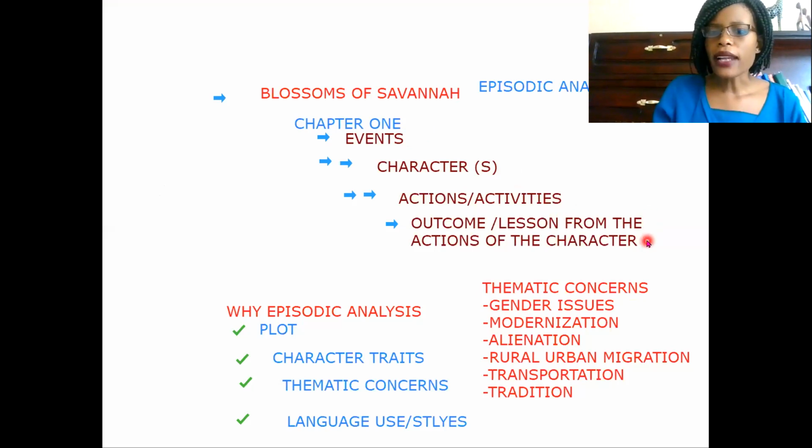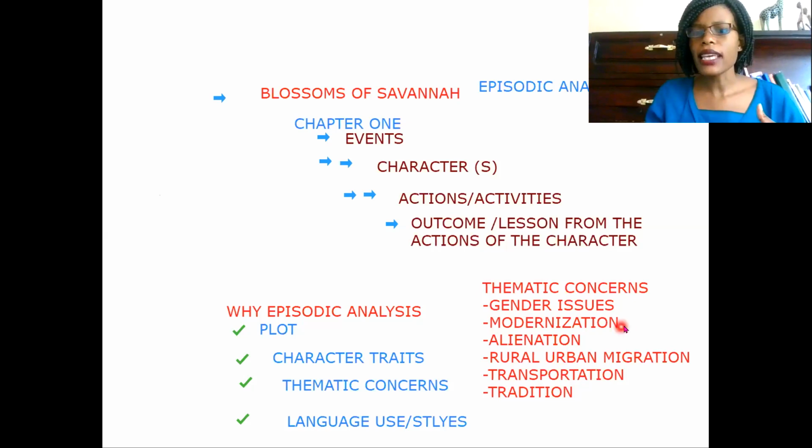And when we learn of the thematic concern, I've just added one where we are saying that modernization comes with children, both boys and girls, being together, going for extravaganzas. So there's much that is brought when we do episodic analysis.